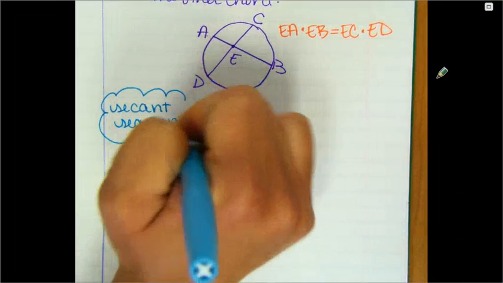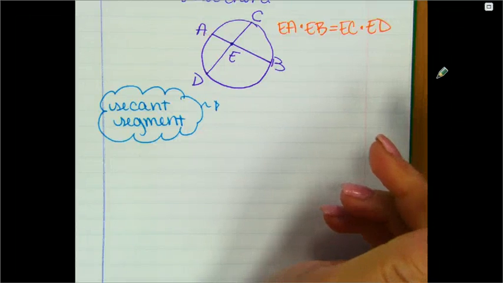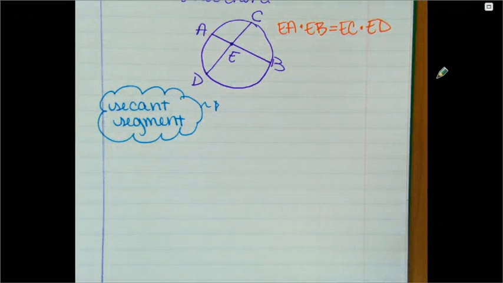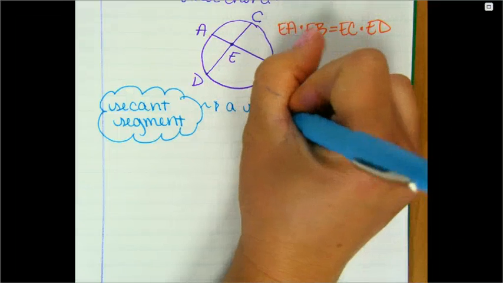Secant segment. What does it mean to be a secant? A line that intersects the circle at two points. Good. Intersecting two points. Segment just means it's not going to be a line though, it's going to be a segment.